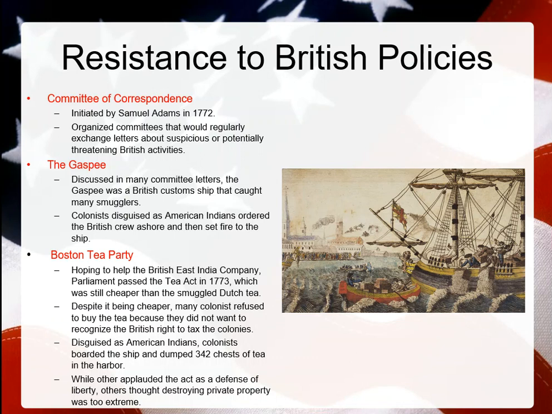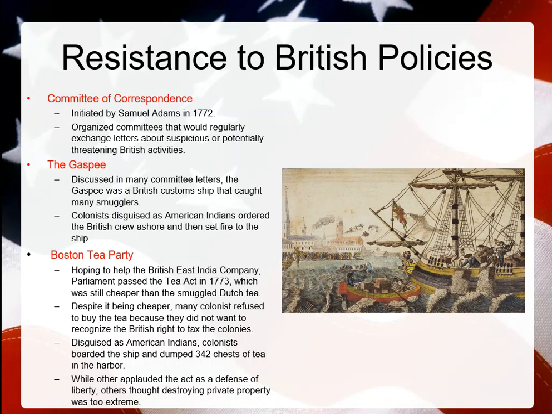So a lot of people from the colonies, most likely Sons and Daughters of Liberty, dressed up in American Indian garb, and they came in and dumped the tea into the harbor, and they basically made that their stance of, we don't accept this. Remember, they couldn't buy any other tea but British tea.